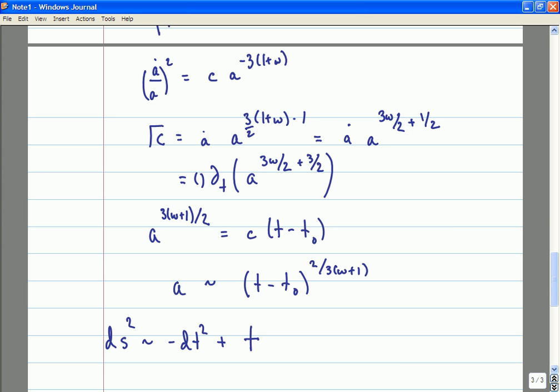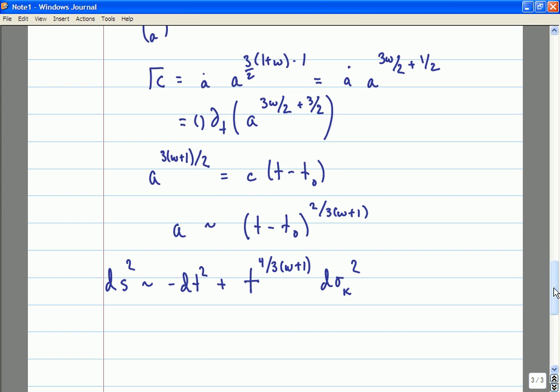So that's t to the 4 over 3(w plus 1) d sigma squared. And you can see now why I haven't been terribly careful about keeping track of that constant out front. It'll be important if we're doing the details, but we could always get rid of it by a change of coordinates, reabsorb it into t or sigma.